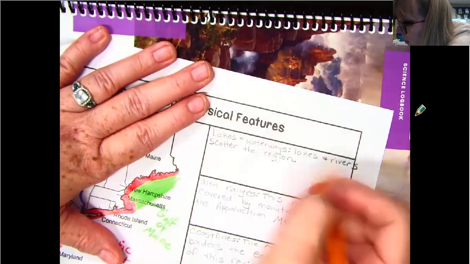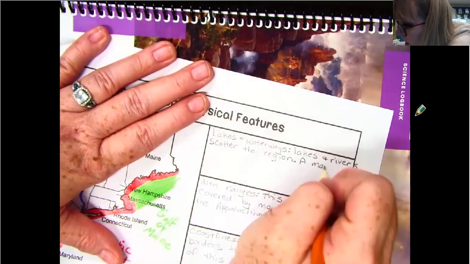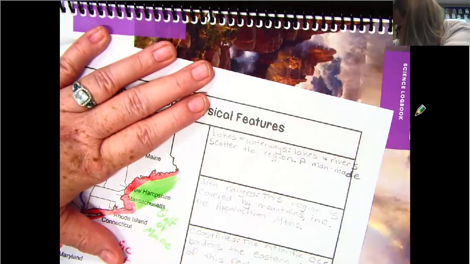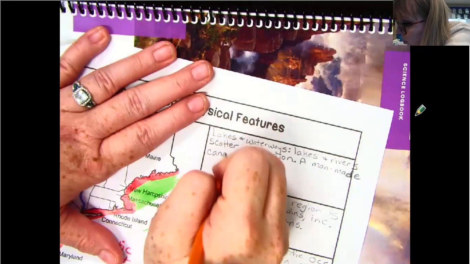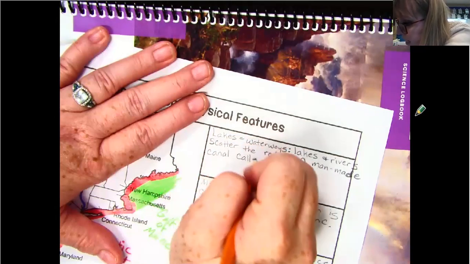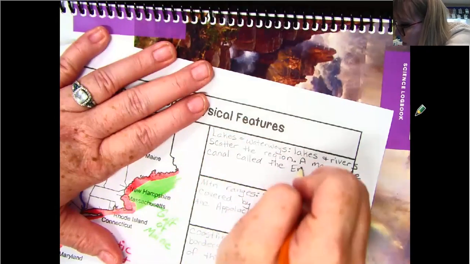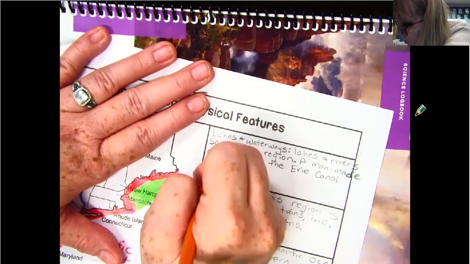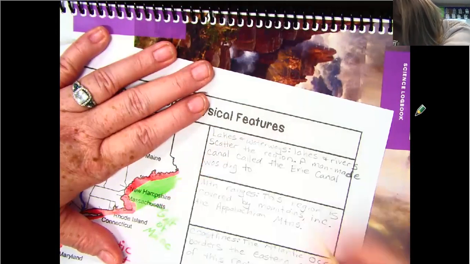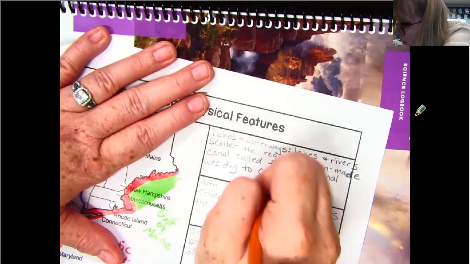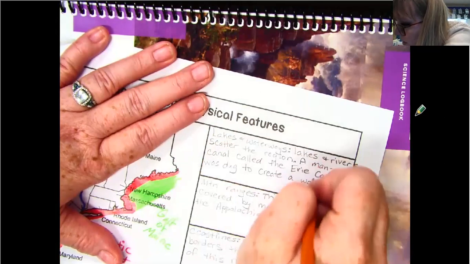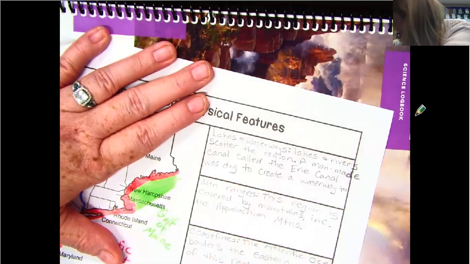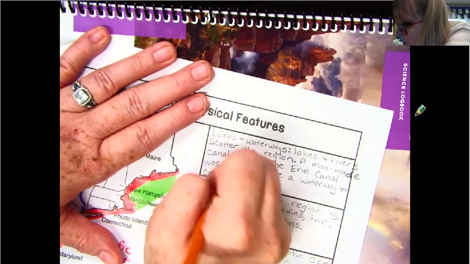A man-made canal called the Erie Canal was dug to create a waterway to cross the Appalachian Mountains.